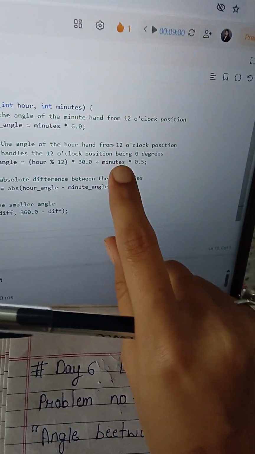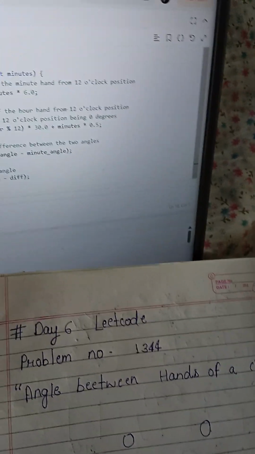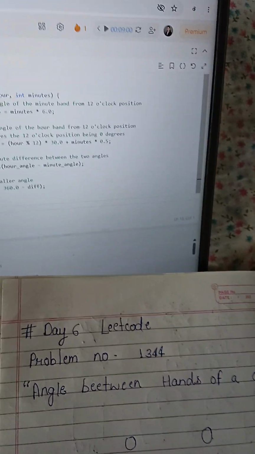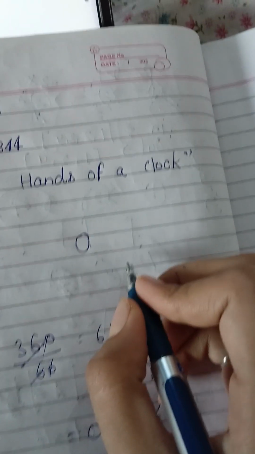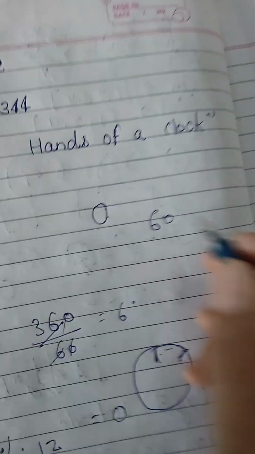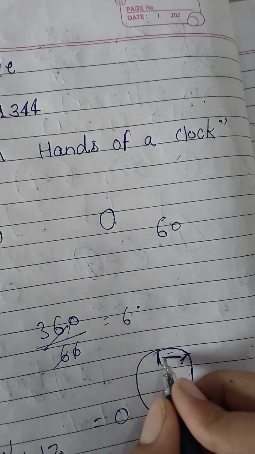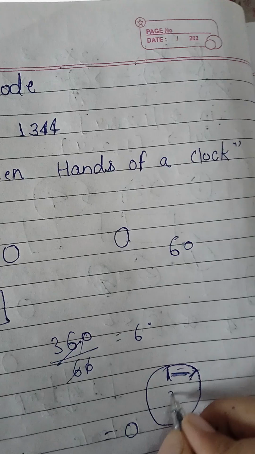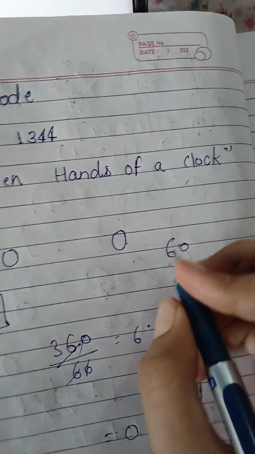Another one is minute into 0.5. As we know, our clock also moves because of the minute hand. So when 60 minutes pass, between these two numbers there is a 30-degree angle.